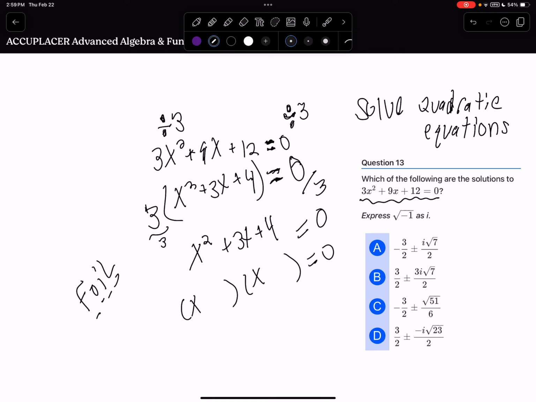So now the other two numbers, remember we did this on one other paper, but positive 4, I'm looking at that last number, the 4. And 4 is 1 times 4, 2 times 2, -1 times -4, and -2 times -2. All of those pairs will equal 4 when I multiply them together.